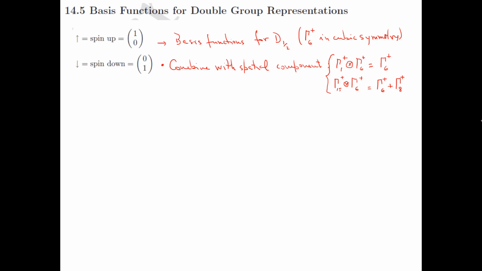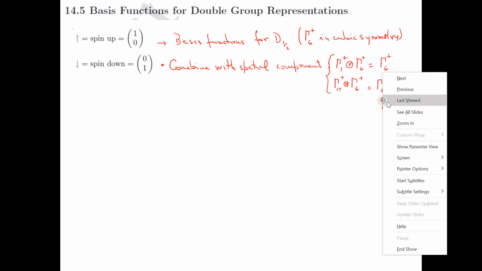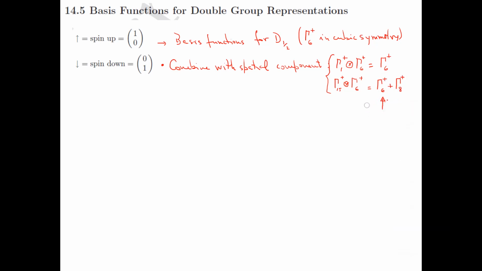So sometimes it's useful to make a distinction between gamma 6 states arising from different electronic states with different symmetry. For instance, here I have a gamma 6 plus that came from a gamma 15 plus without spin. And here I have also a gamma 6 plus coming from a gamma 1 plus.